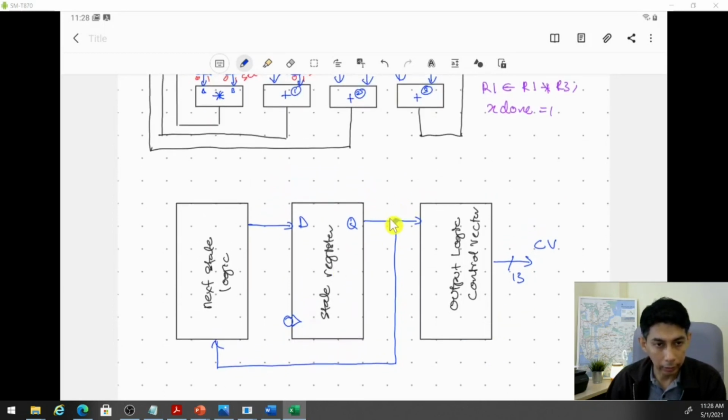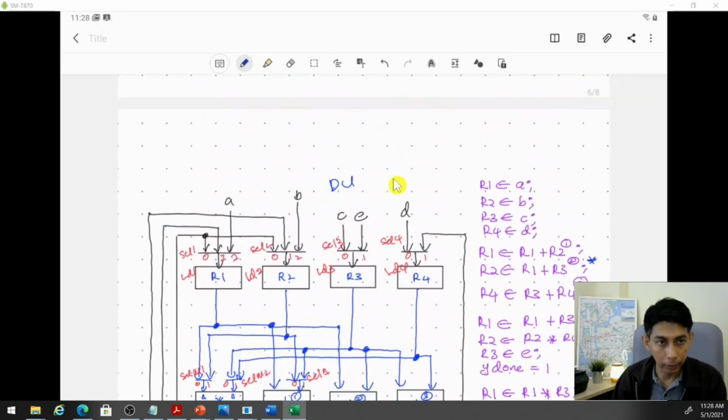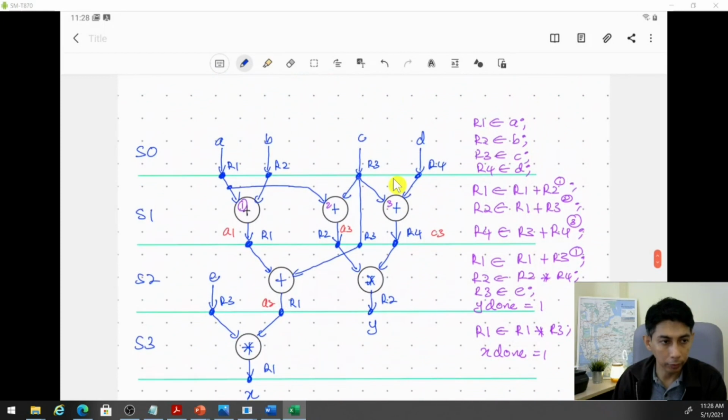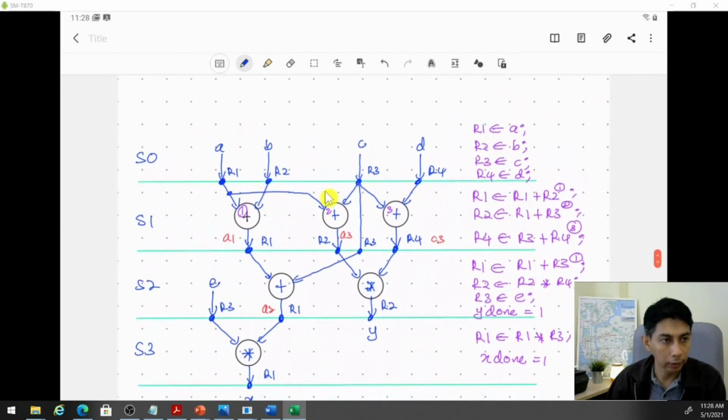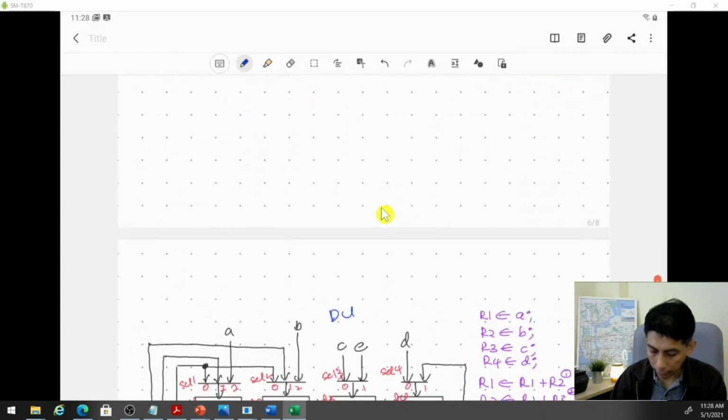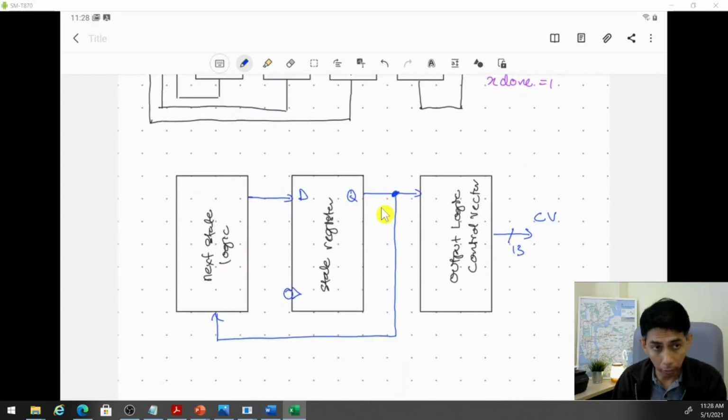This will depend on how many cycles you have. In this case, you have 4 cycles, S0, 1, 2, 3. So for 4 cycles, you need at least 2 flip-flops. Or in other words, this is 2 bit.